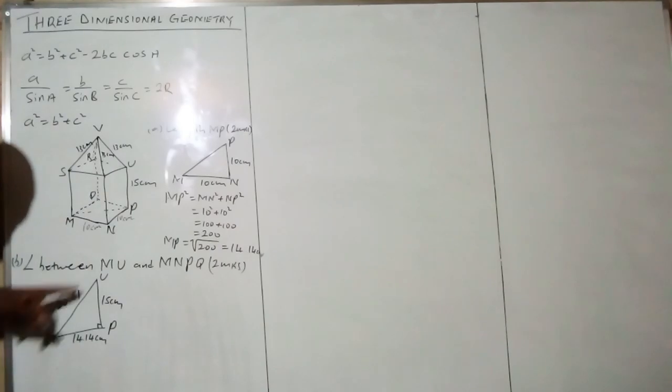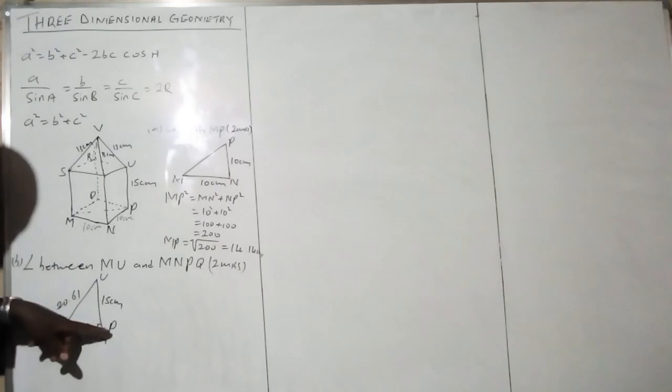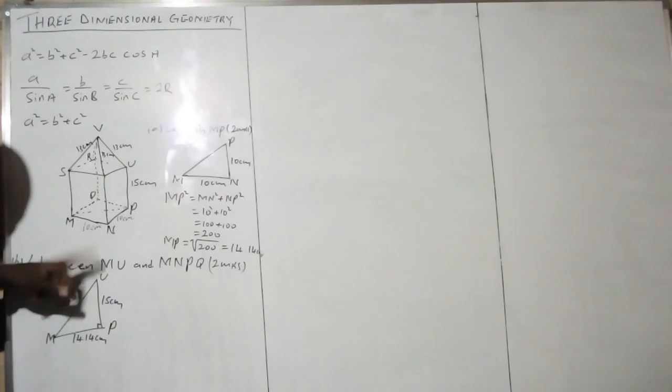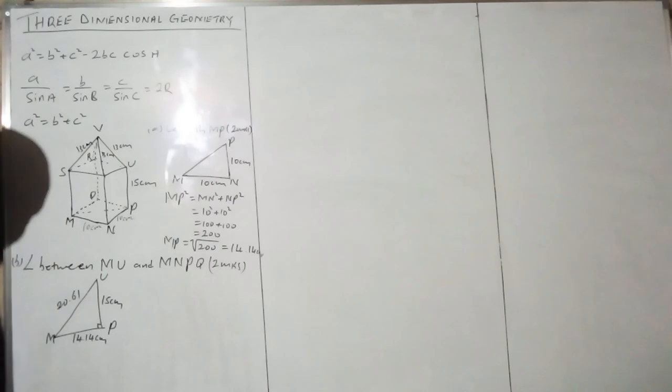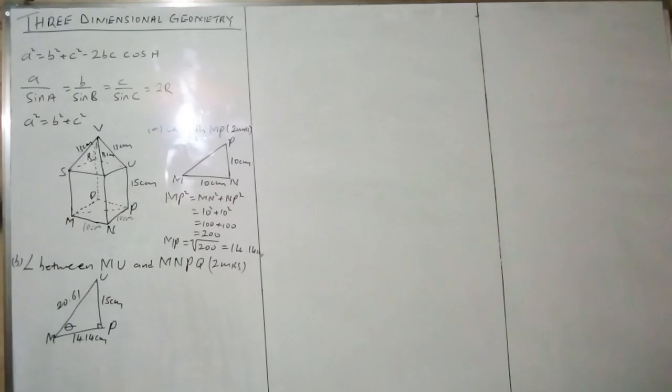It means the shadow of line MU will fall on MP and PU. That's why I've concluded that the angle the examiner wanted us to calculate is this angle here. We are going to use SOHCAHTOA. Even SOHCAHTOA is supposed to be used here among the formulas.